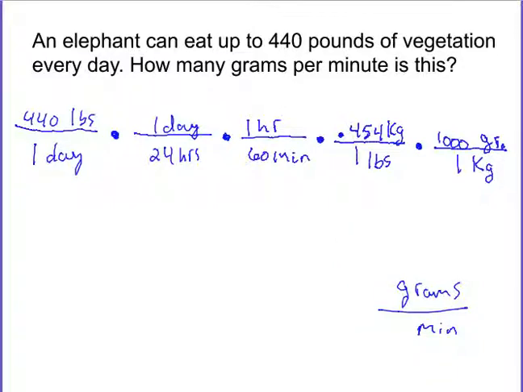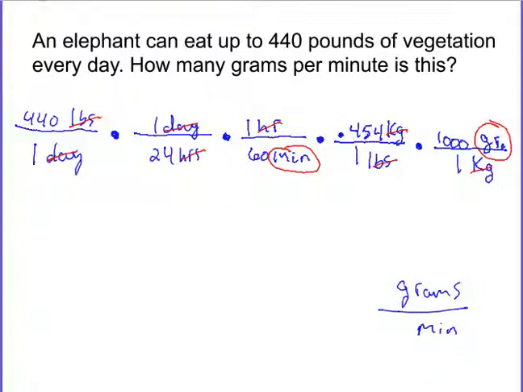All right, so now make our cancellations. Pounds goes away and kilograms goes away, and I've got grams left on top. Days go away, hours go away, and I've got minutes left on bottom. That's what I'm looking for.